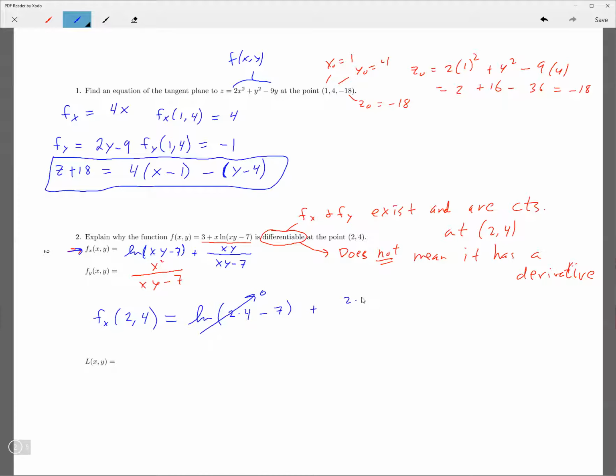Plus 2 times 4 over 2 times 4, that's also 1. So that's just going to be 8. And then fy of 2, 4 is going to be 2 squared over, we already said that's 1, so that's 4. So 8 and 4, let's try that.